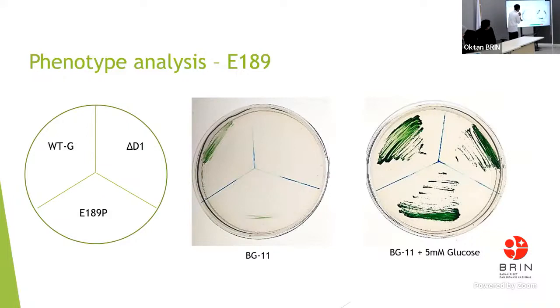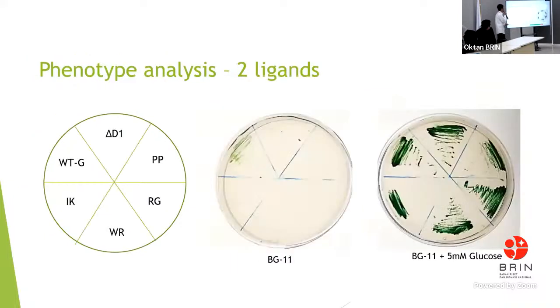So this one is slightly smeared, so it's not clear whether it could grow phototrophically or not, because we didn't grow it long enough. But for the other residues, the 2 ligands cannot grow phototrophically. So it means that the photosynthetic activity is perturbed. And then the 3 ligands also have the same result.